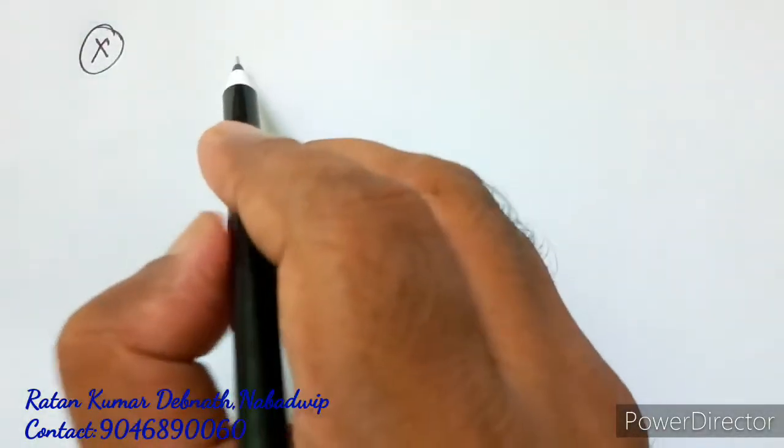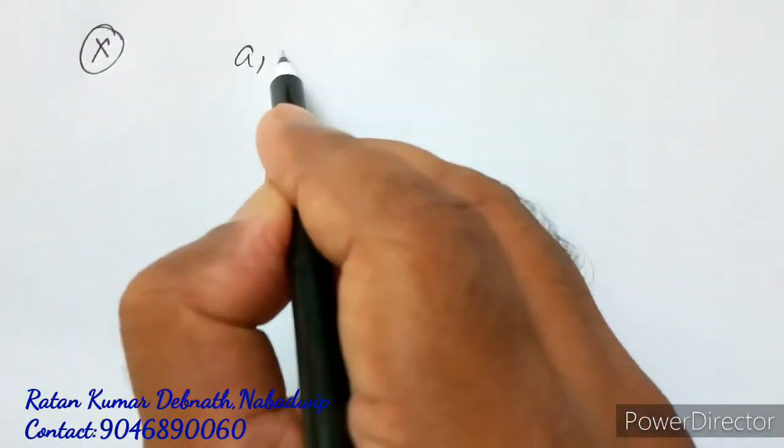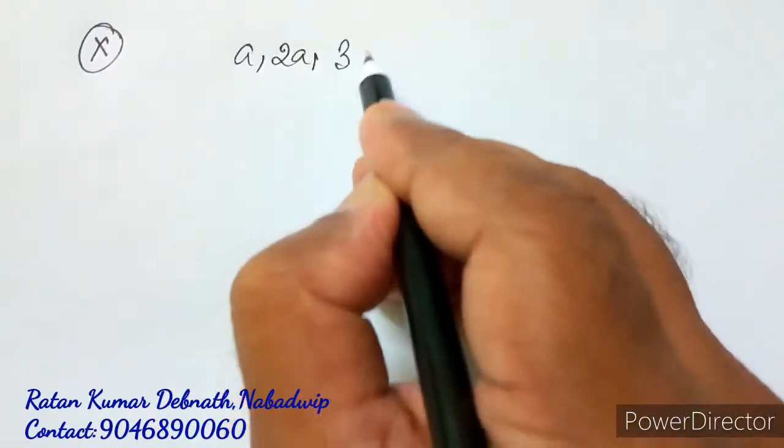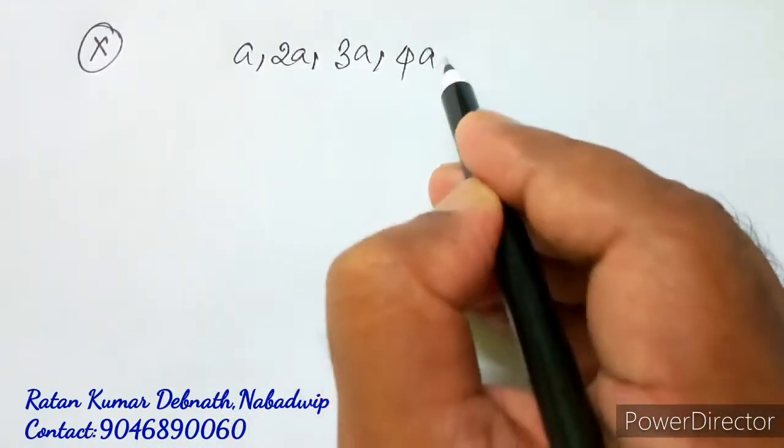Question number 10 of 4. The provided numbers are a, 2a, 3a, 4a.